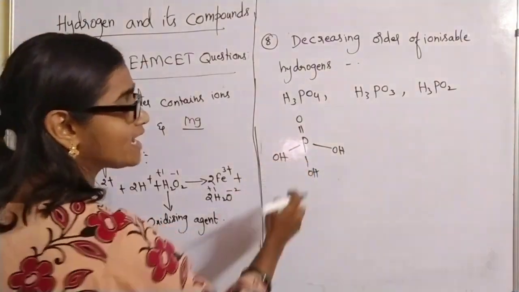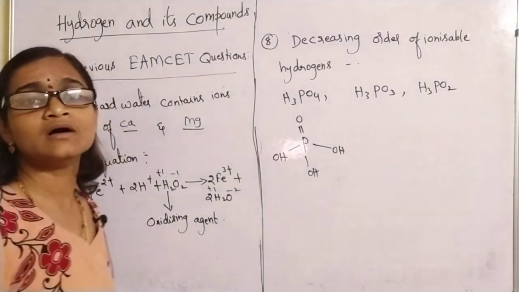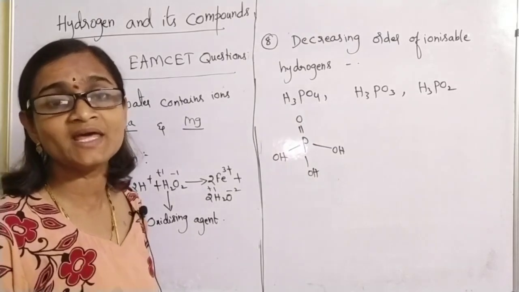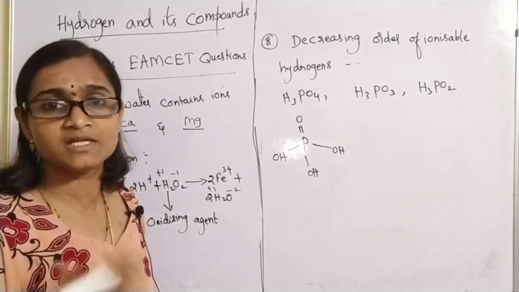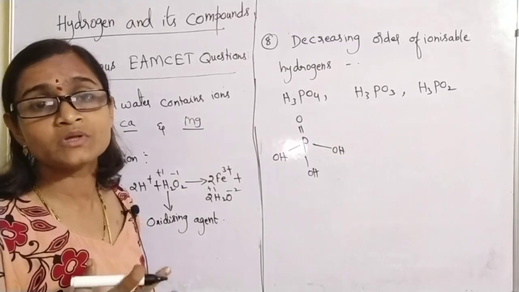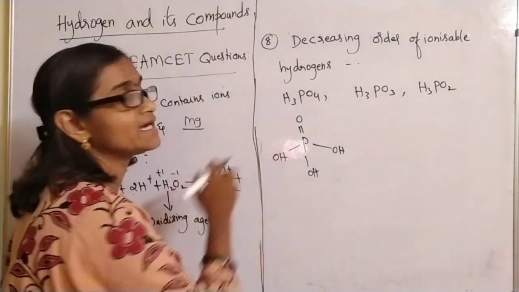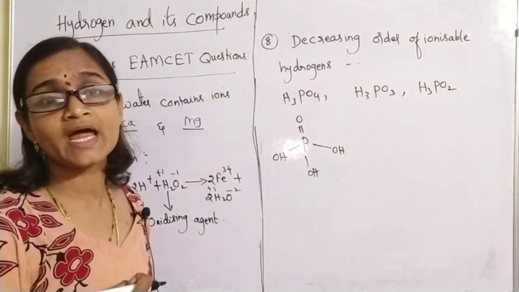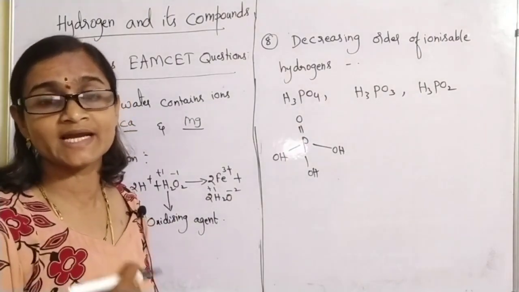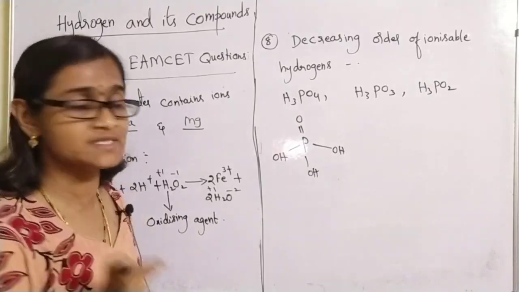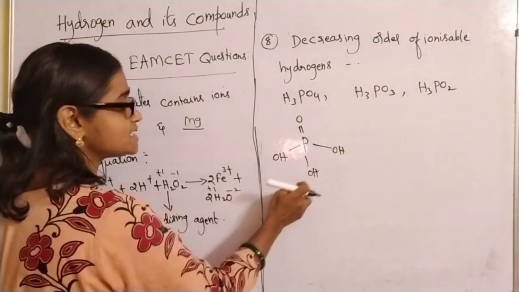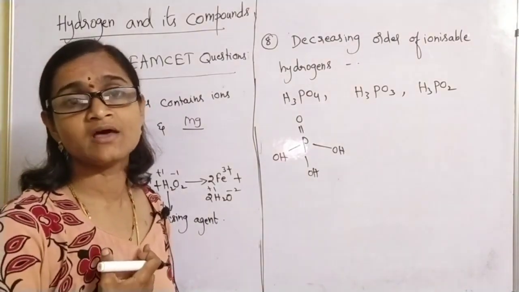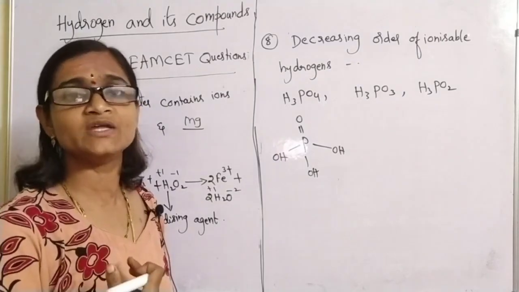They are not directly connected to the central atom. Only the hydrogen atoms which are directly connected to the central atom cannot be ionizable. Please remember that point. So all the 3 hydrogens are connected to oxygens, but they are not connected to phosphorus here. So that's why all the 3 can be ionizable.